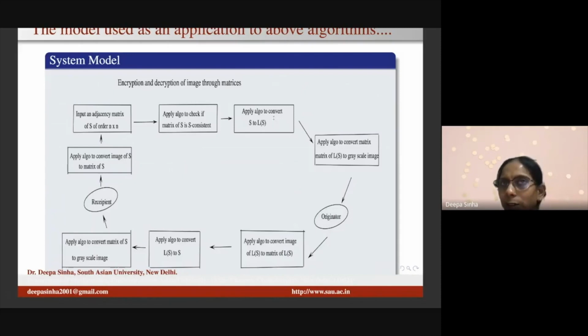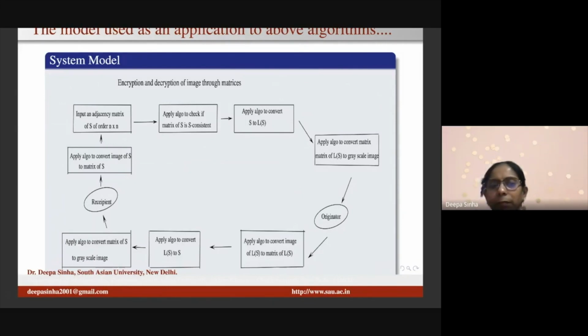There is also, by using MATLAB, a way to convert the matrix into an image form: apply the algorithm to convert the matrix of LS to a grayscale image, and then the originator will send the converted image of LS.